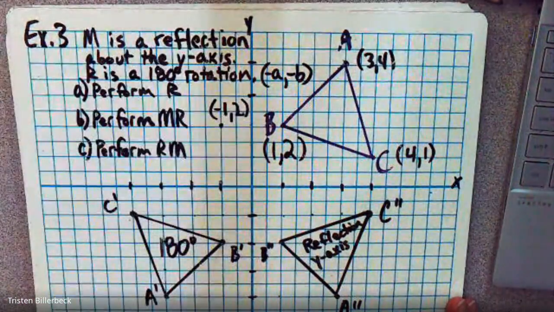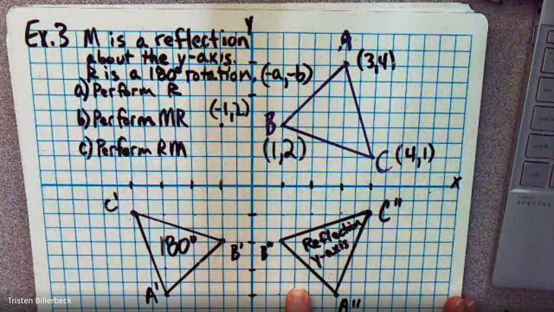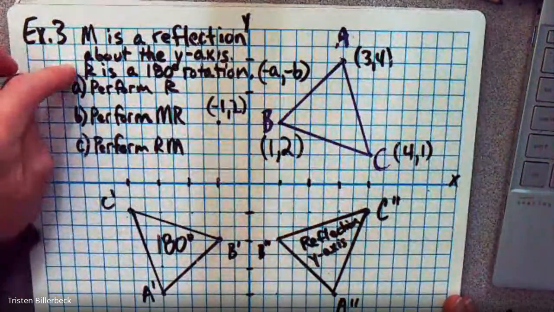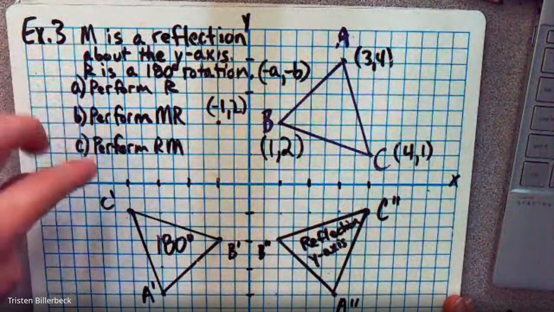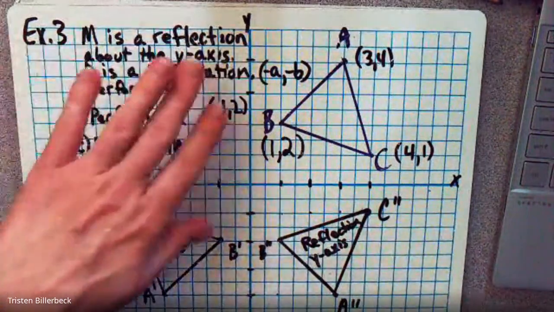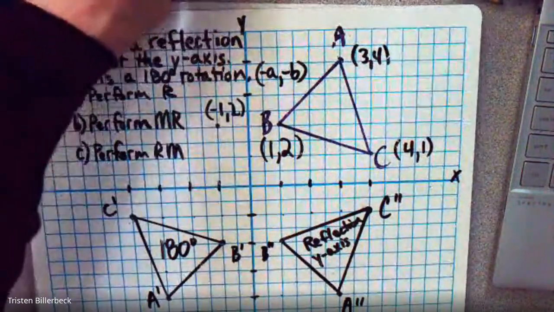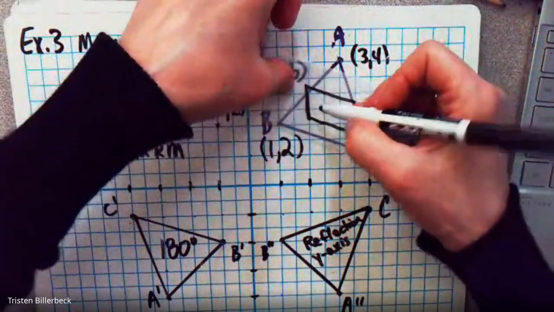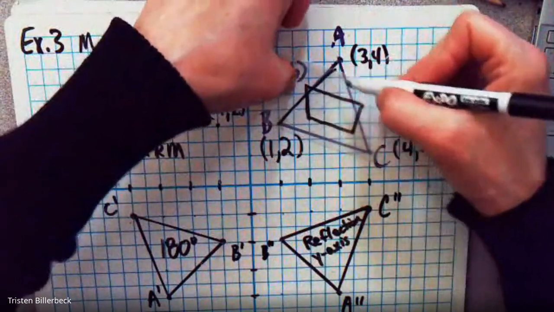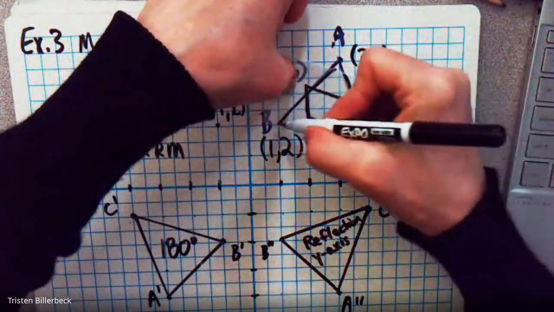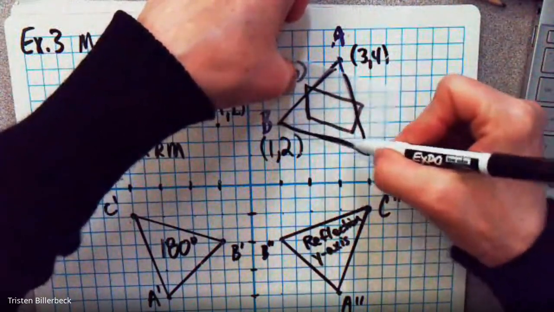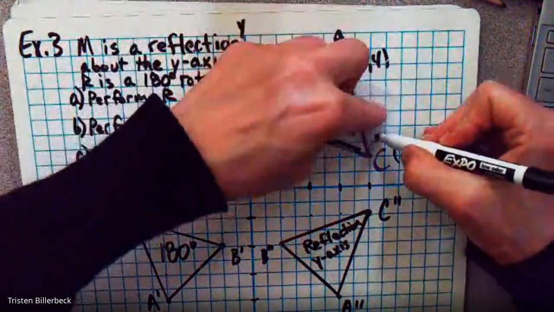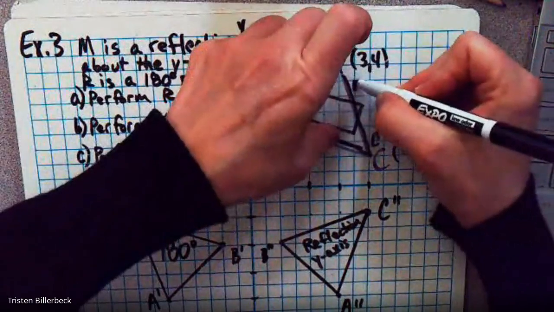All right, so what if we had done the reflection about the y-axis first and then the rotation? Would we be in the same place? Let's take a look. If we're reflecting about the y-axis, that puts us over here. Let's make a bigger one, I'll reuse this and save a tree. We're going to call that B, C, and then A is up over here.